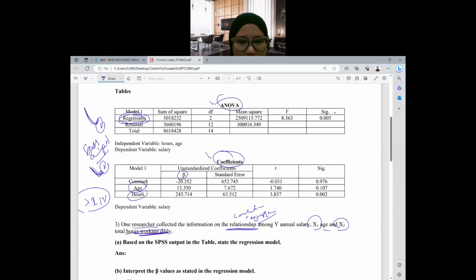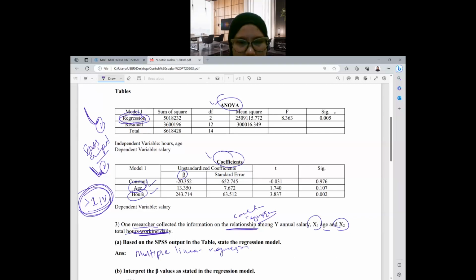Your predictors, or independent variables, are age and hour. So you have two IVs, and with two or more you need to use multiple linear regression. So the answer here is multiple linear regression.